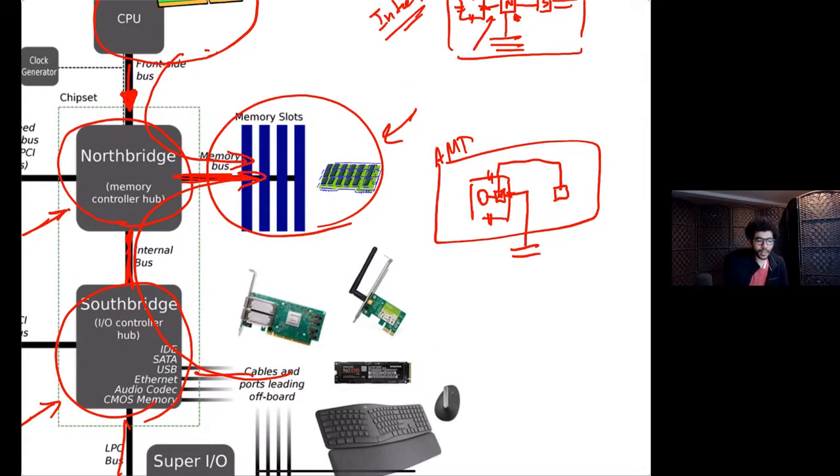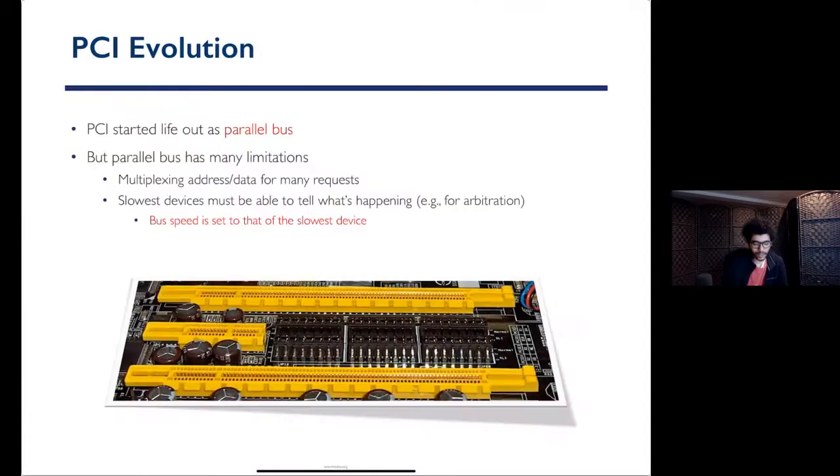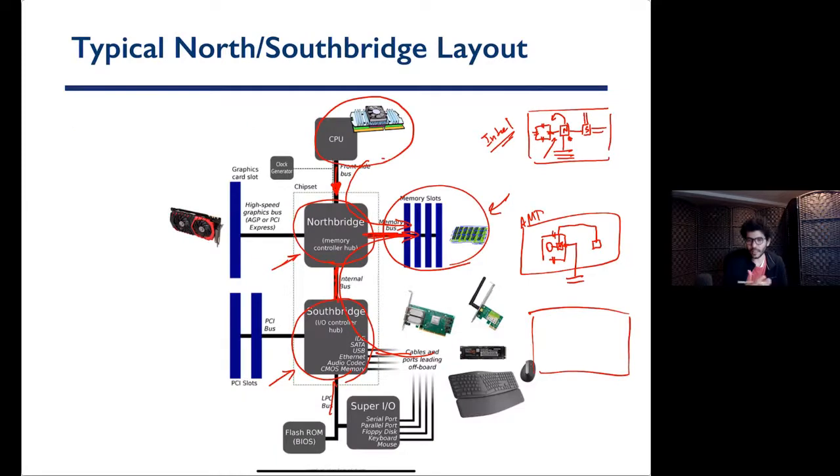Very recently, I don't exactly know when, but at most in the past 5 years, it might actually be the past 3-4 years, I don't exactly remember, AMD decided to bring both of these onto the chip. So both the north bridge and the south bridge in recent AMD processors are actually on the chip.